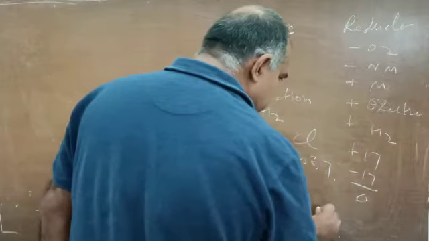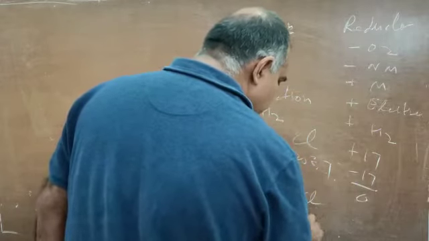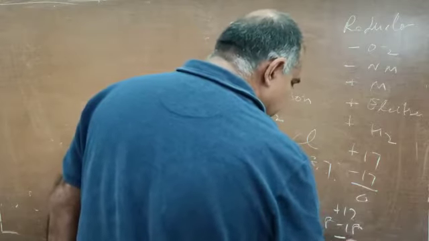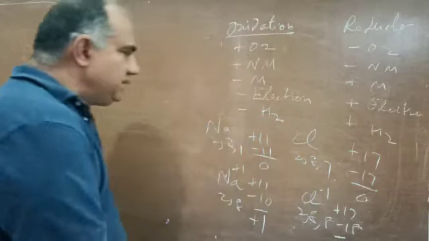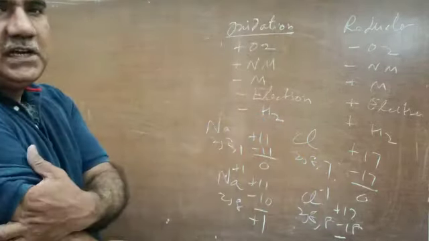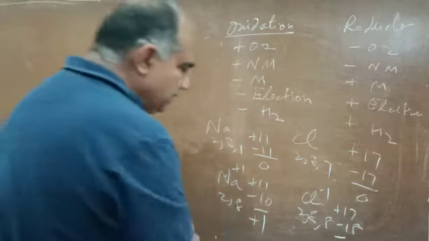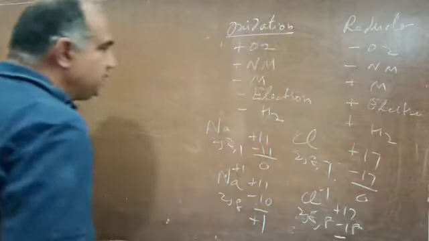And when chlorine becomes 2, 8 and 8, so plus 17, minus 18, a minus 1 charge will appear here. Now we will see with the help of a chemical reaction how it happens. Minus 1 here and plus 1 here.